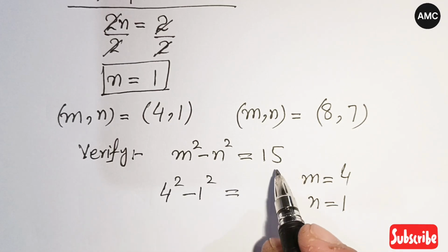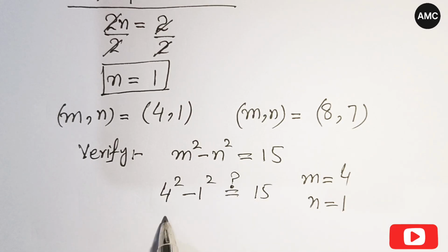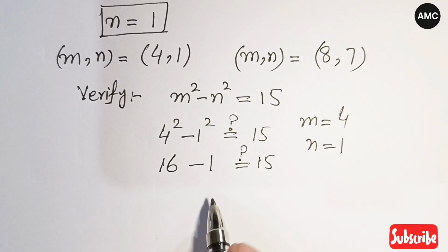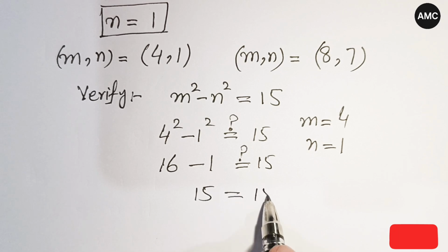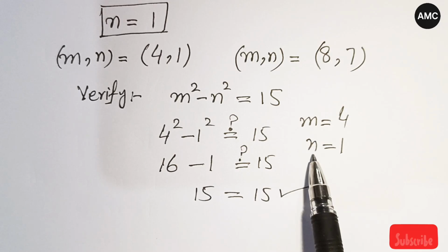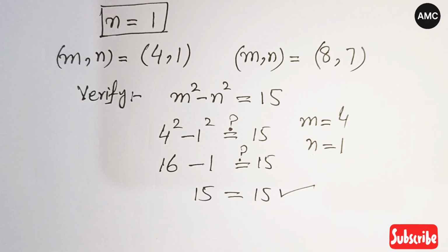Is it equal to 15? Now 4 squared is 16 minus 1 squared is 1. So 16 minus 1 is equal to 15 and 15 is equal to 15. Hence we prove that m is equal to 4 and n is equal to 1 is a valid pair of values for this problem.